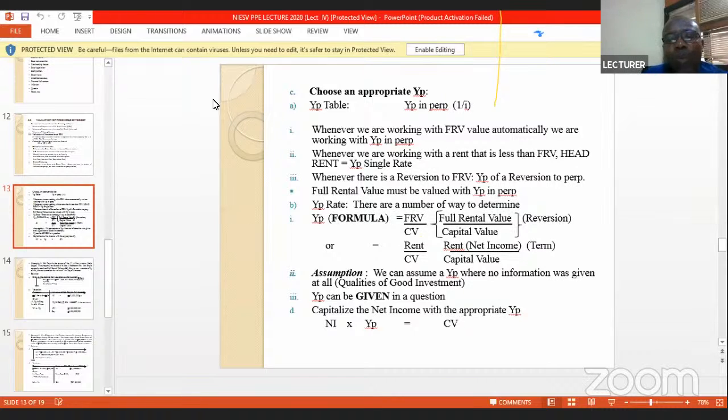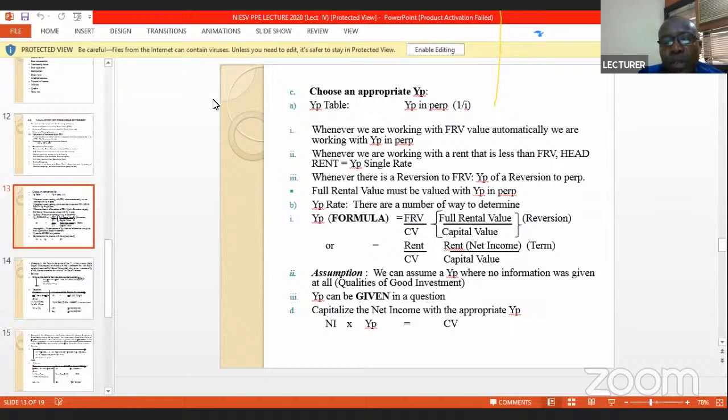You are using what is personal to you. If you want to be objective, you use what is available in the market. Find the rent, find the capital value of similar properties, and divide and get the YP.